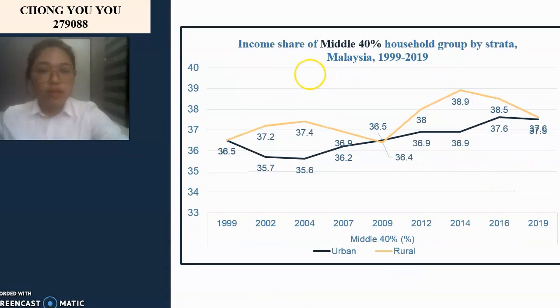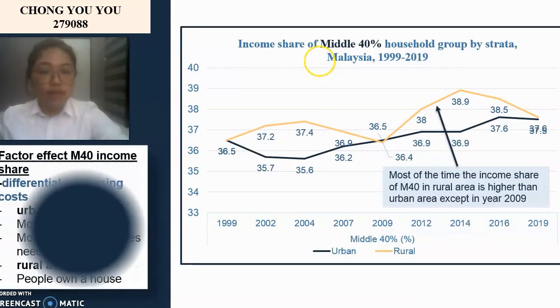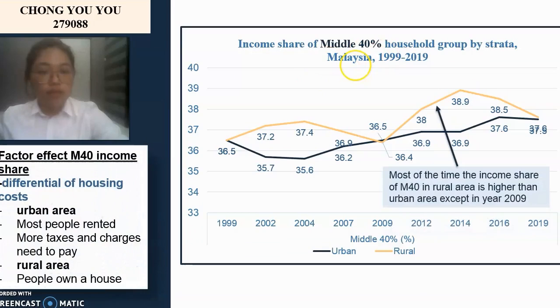Then is the middle 40 household group. As we can see, most of the time the income share of M40 in rural areas is higher than in urban areas, except for the year 2009. The factor that affects M40 income share is the difference in housing costs.